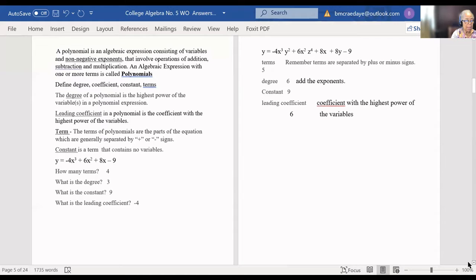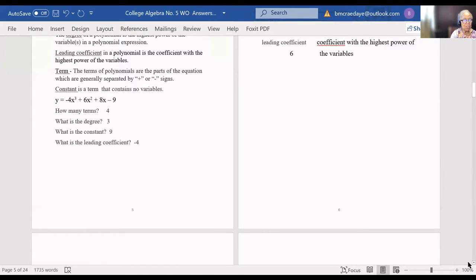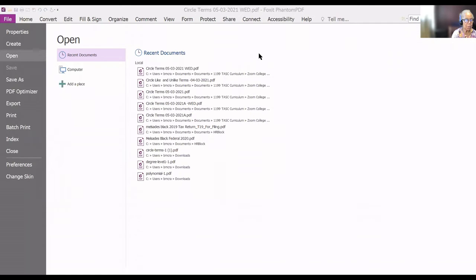Okay, before we look at our last problem, let's look at how we identify like terms and unlike terms. So let me open this up.